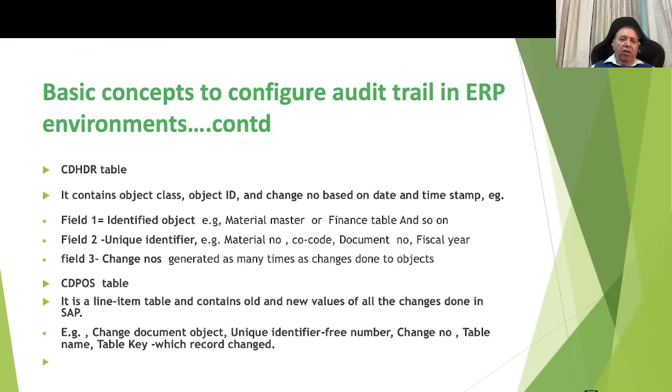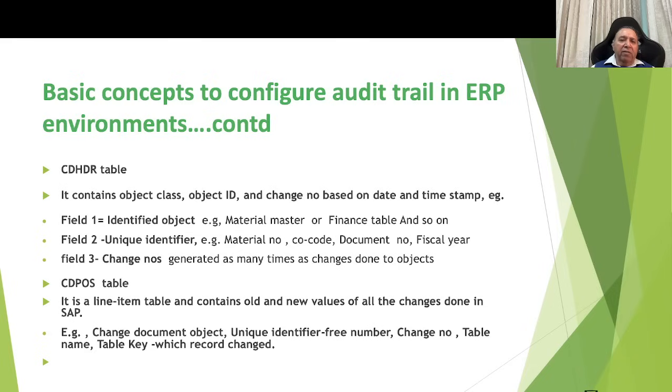The CDHDR table is a table at the header level, and it contains the object class, object ID, and changes made on the date and timestamp, etc. It has fundamentally three fields. One is the identified object. For example, material master is an object, finance table is an object, and so on. Number two is the unique identifier, for example the material number, company code, document number, fiscal year.